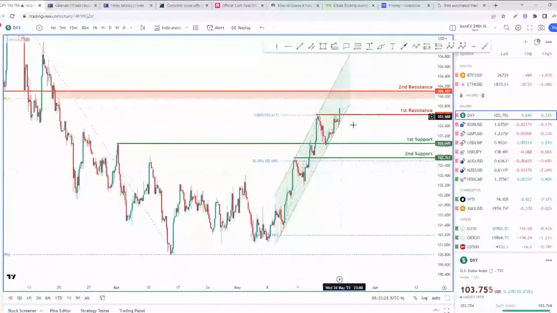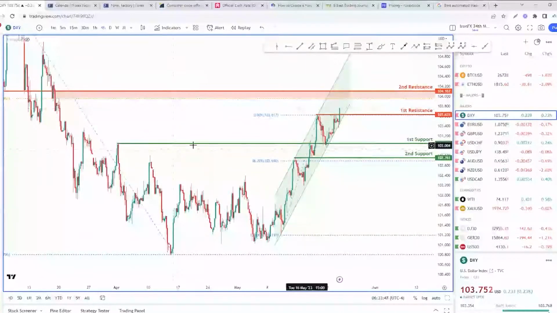What we are trying to do here with horizontal overlaps is to find moments in time where price has reacted off a particular level pretty obviously, whether it served as a resistance or a support. It's very important to identify such levels.